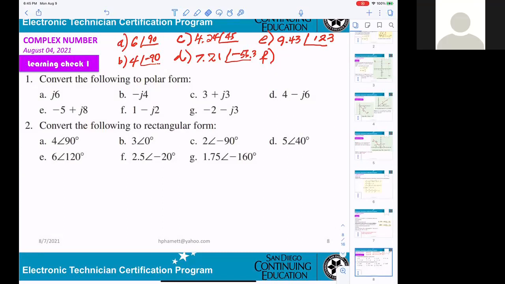What did we say the angle was for E? 122. Okay. Basically 122, not 23.